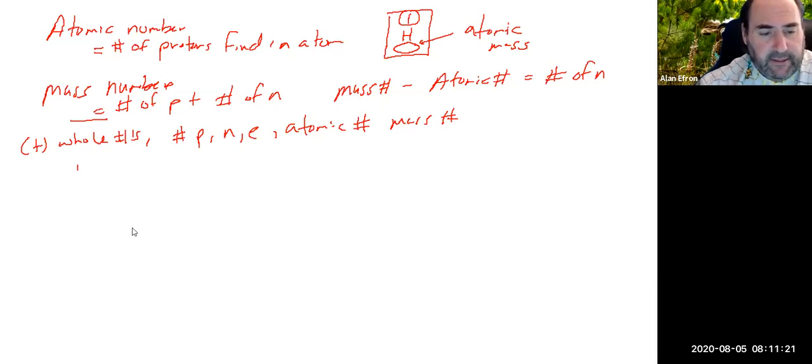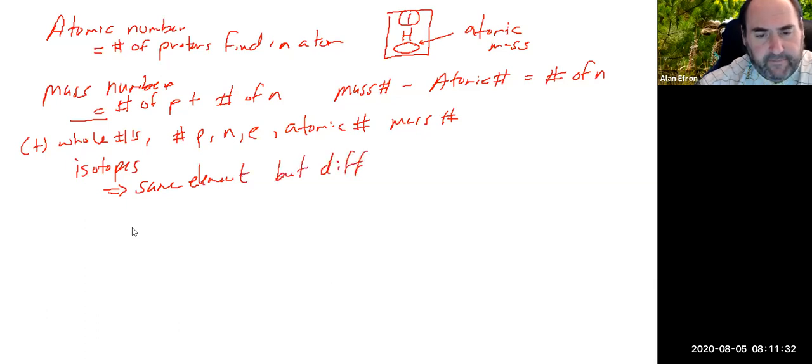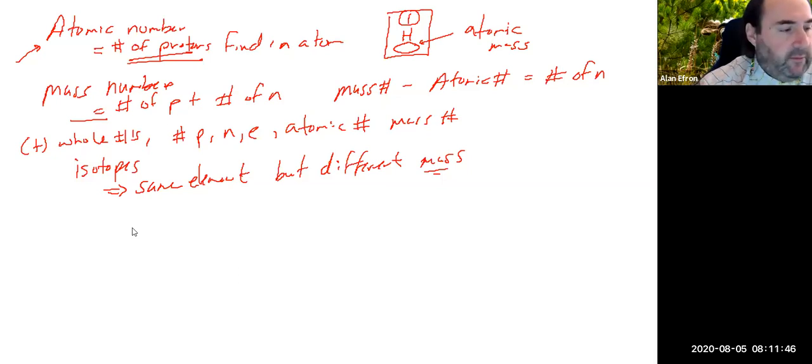Remember that isotopes are the same element, but different mass. And in order for them to be the same element, it is the atomic number, really the number of protons, that determines what element we're speaking of.